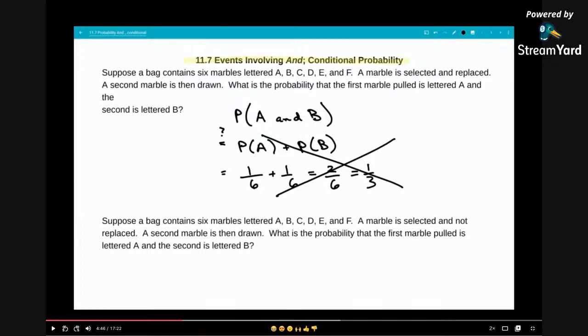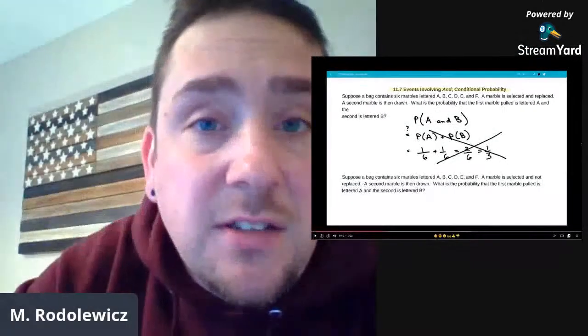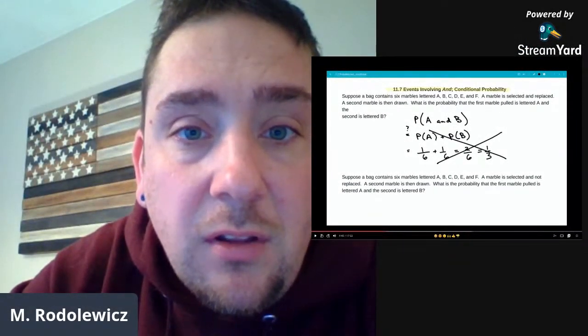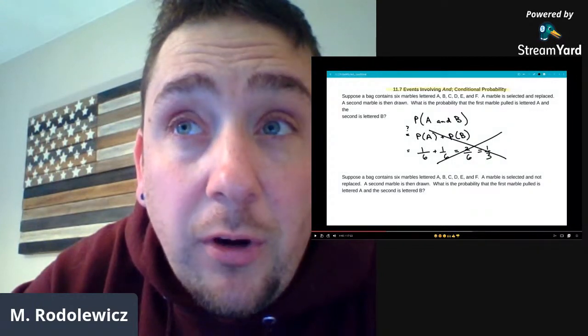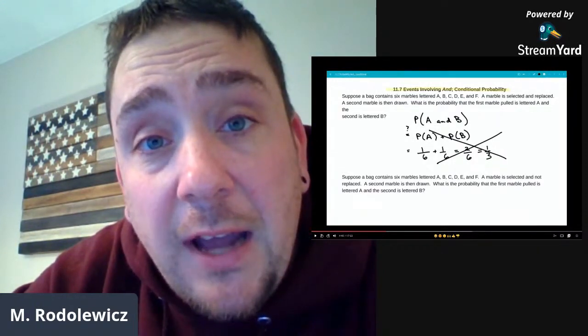The probability of an A is 1 out of 6. The probability of a B is 1 out of 6. 1/6 plus 1/6 is 2/6, which is 1/3, which is not 1 out of 36. So what we just saw here is that probabilities of events that contain the word and are not found by adding.